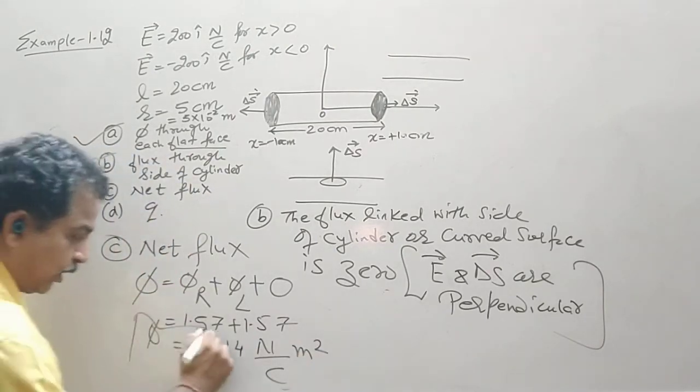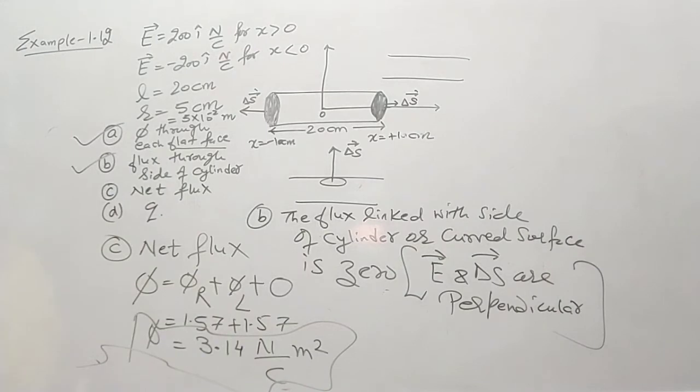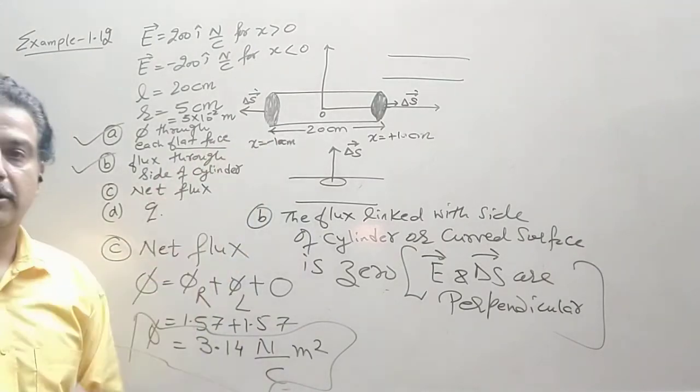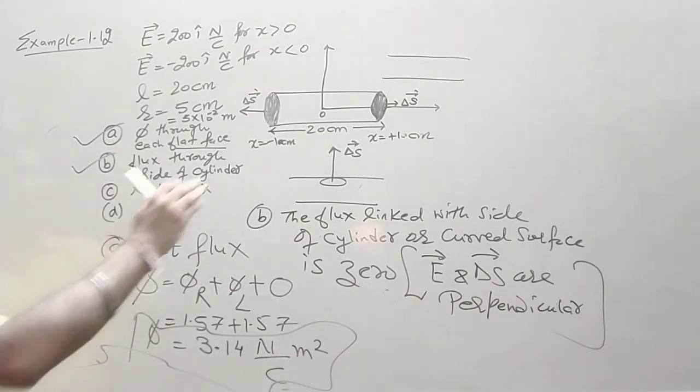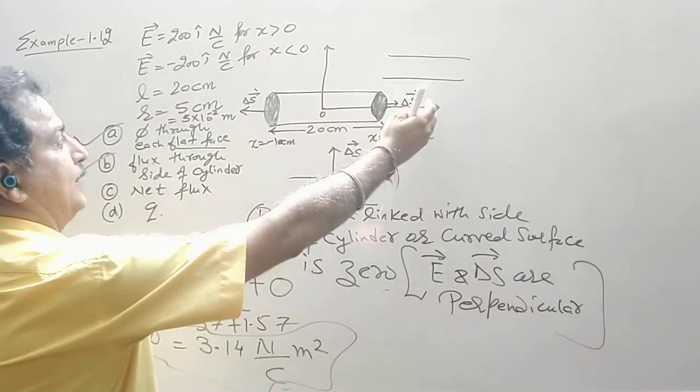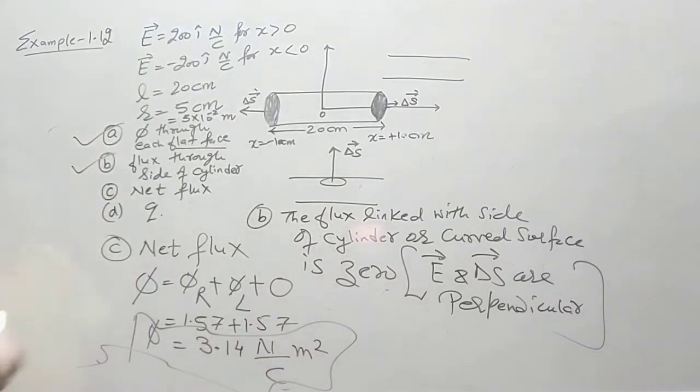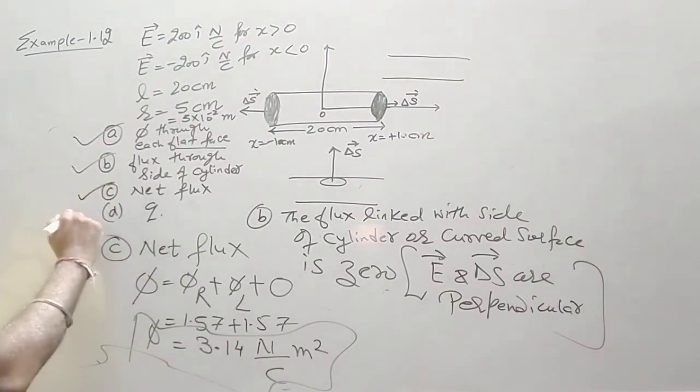So this is the total flux linked with the entire cylinder, which is placed in an electric field intensity which is along the x-axis for x greater than 0 and negative x-axis for x less than 0. So this is the third part.